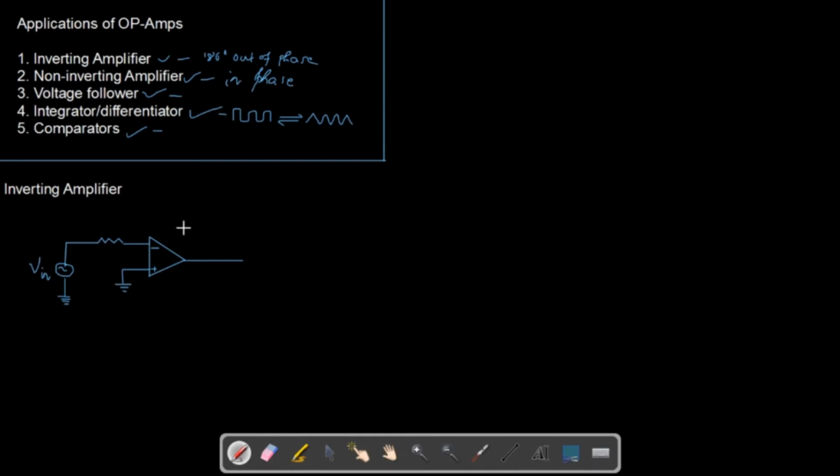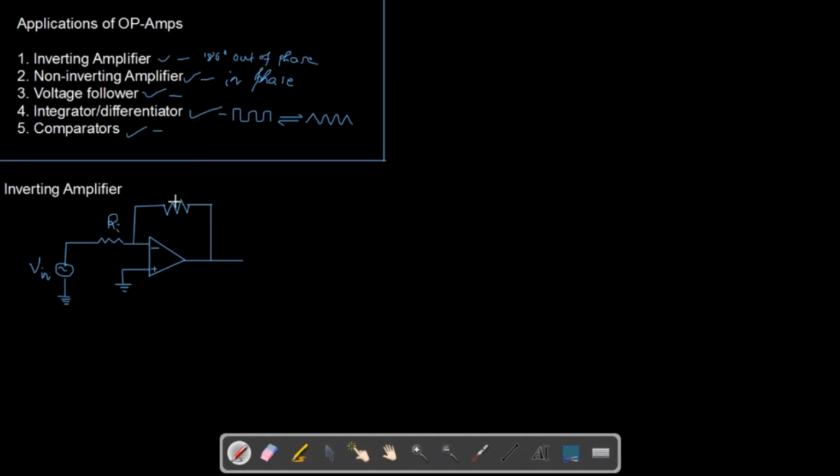If we use an OpAmp, we typically need to give a feedback circuit, and this feedback circuit is again given via a resistor. So let's draw the feedback resistor here. We are going to use these kinds of circuits again and again, so I would suggest all of you practice it.